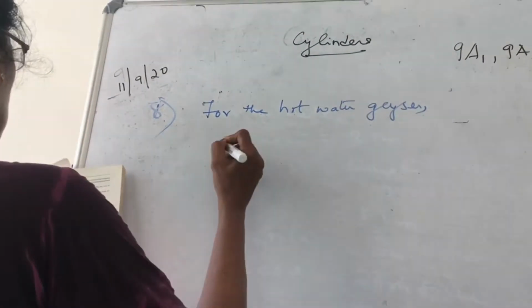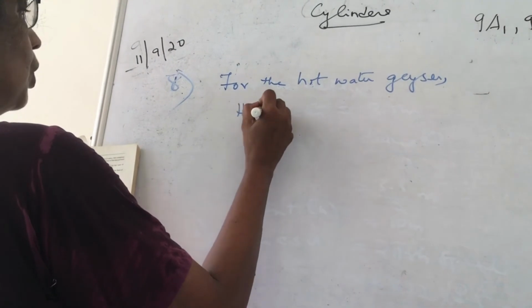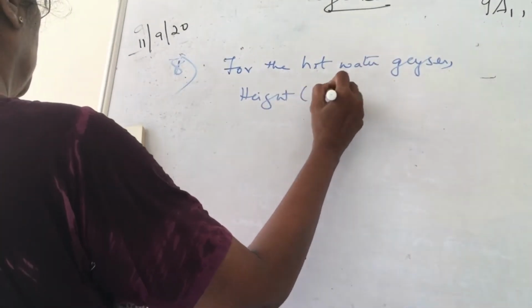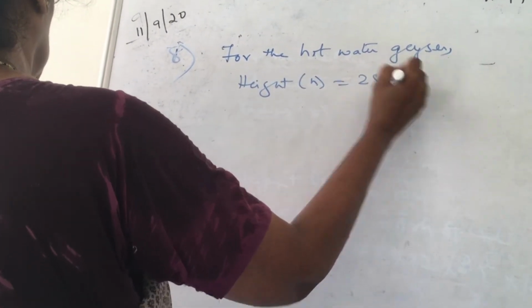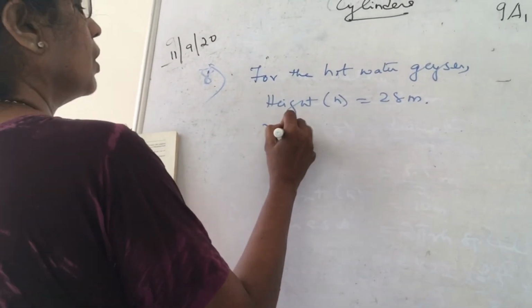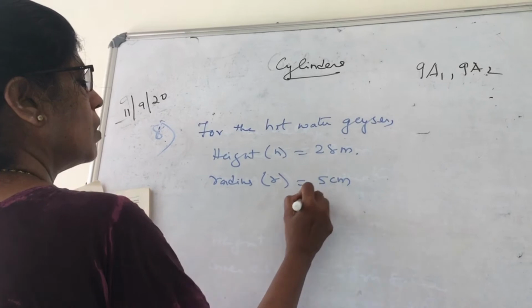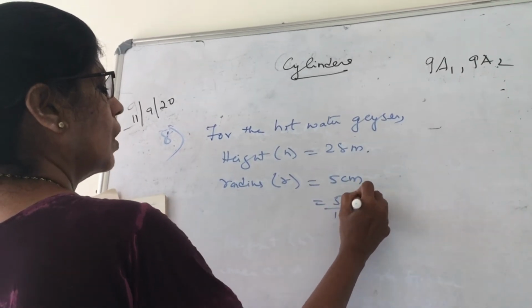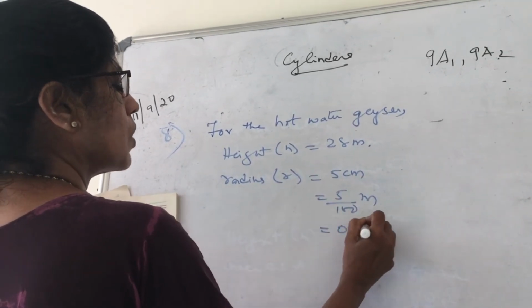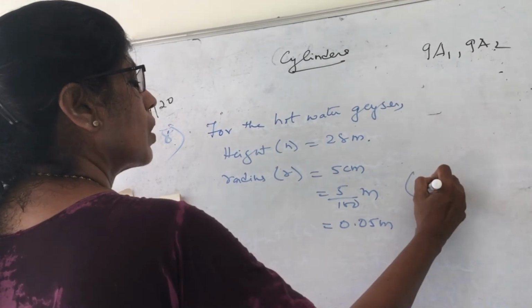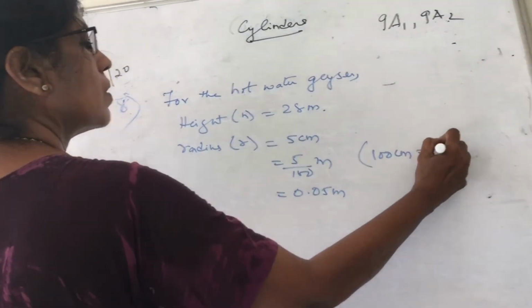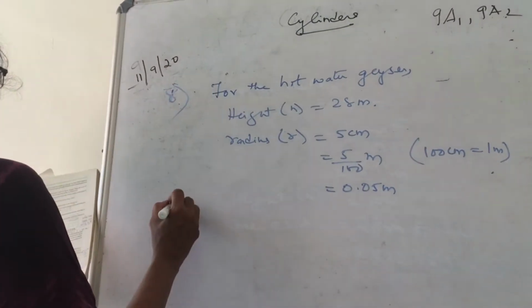You can write this height H. How much is the height H, children? 28 meters. Radius R is 5 centimeters. Convert to meters, that is equal to 0.05 meters. 100 centimeters is equal to 1 meter.